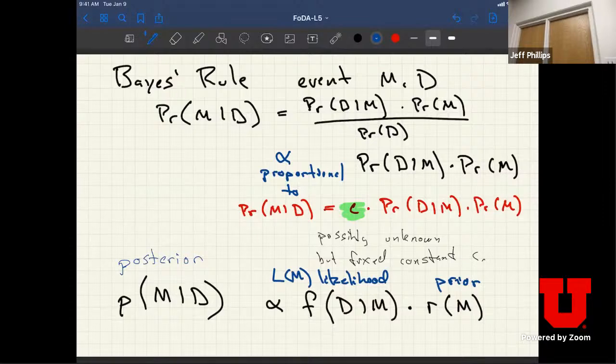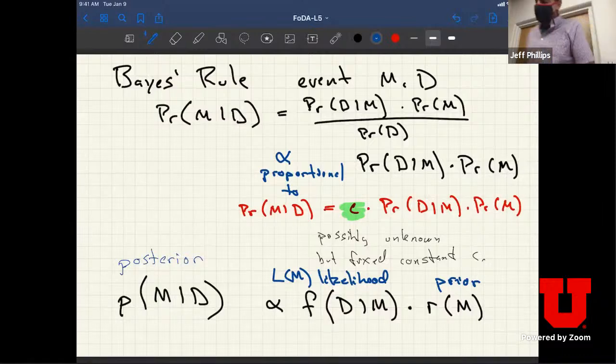Technically we need to use this notation to be proper, because it's not actually a probability, it's a probability density. The left one is called the posterior. The first one here, the probability density function for the data given the model, the one we can calculate, is called the likelihood, and the prior knowledge about the model, the probability density function of the model, is called the prior.